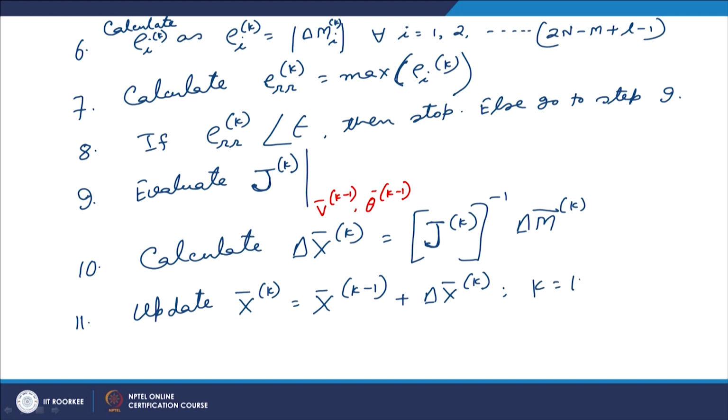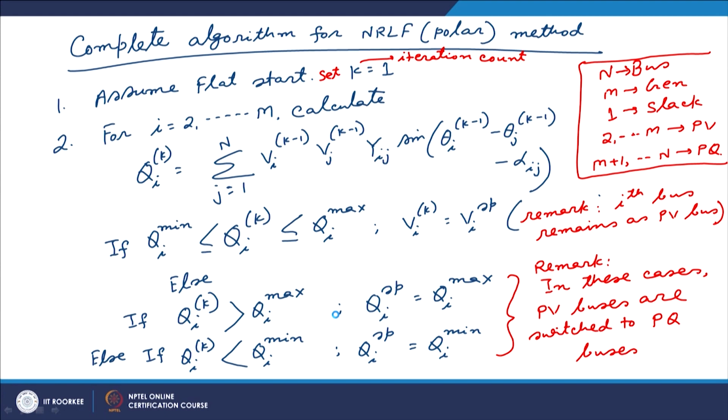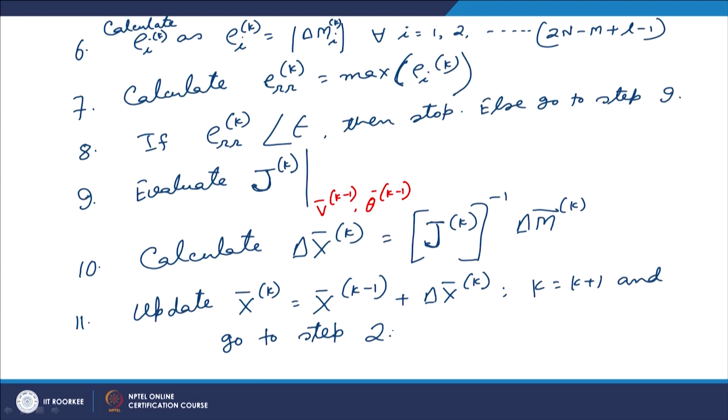Update k equal to k plus 1 and go back to step 2. So, this is the complete algorithm.